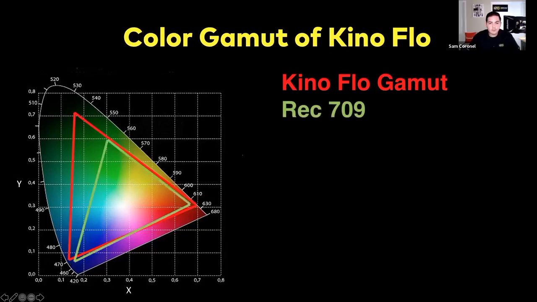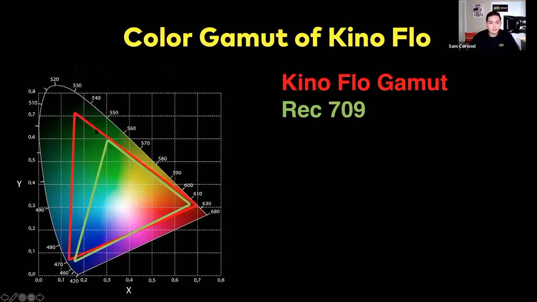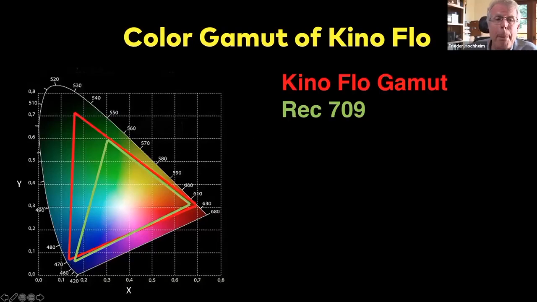So there's 709. We're actually reproducing colors that will not be reproduced in 709. So you can actually see these colors on the set. The camera may be able to record them, because you saw how wide some of those gamuts were for the camera. But when it comes to reproducing it later on in 709, some of those saturation levels may not be there.